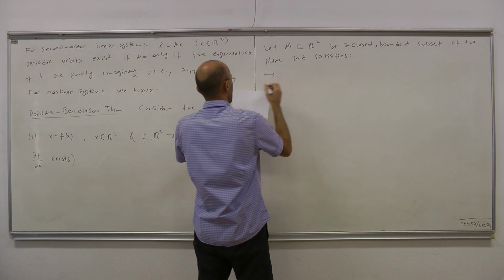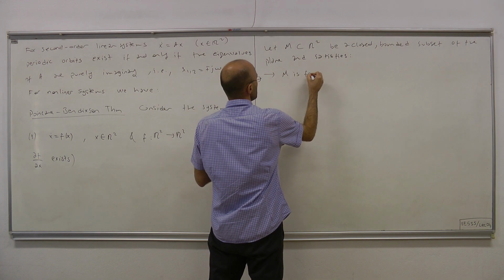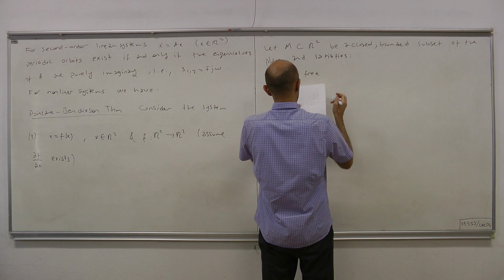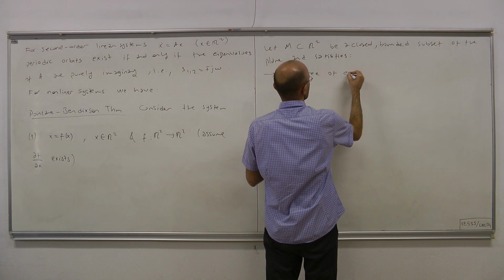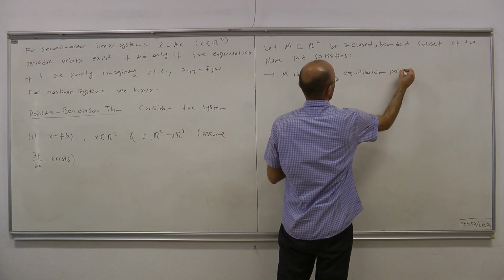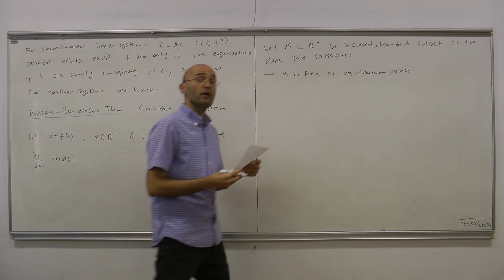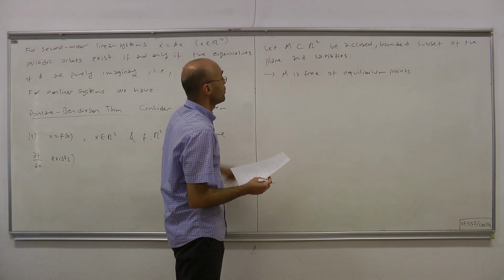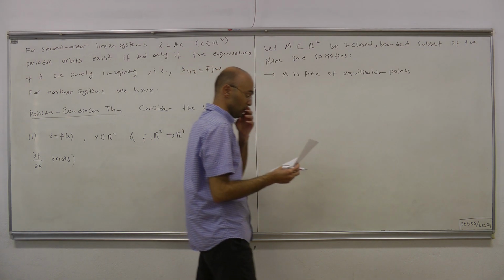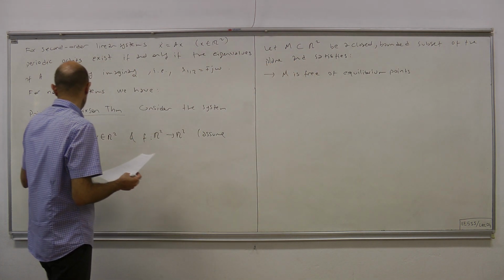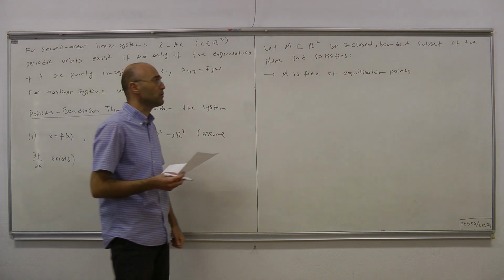One, N is free of equilibrium points. So there are no equilibrium points inside N, or there might exist only one of them, one equilibrium, but if there exists such an equilibrium, the Jacobian at that point must satisfy certain properties.